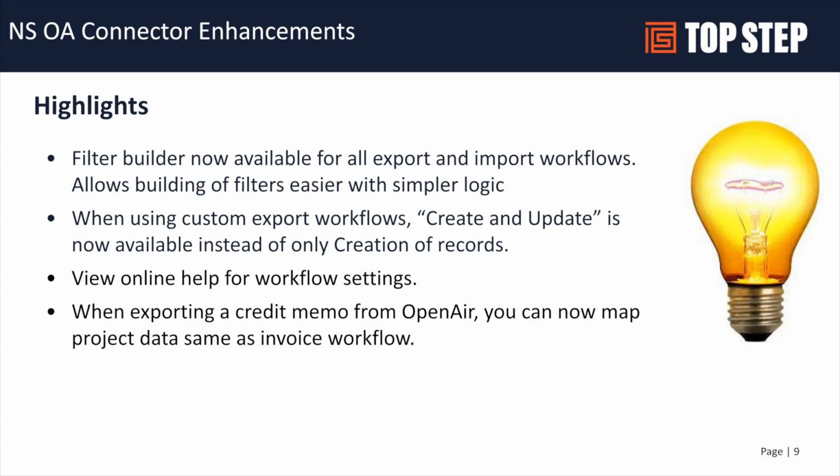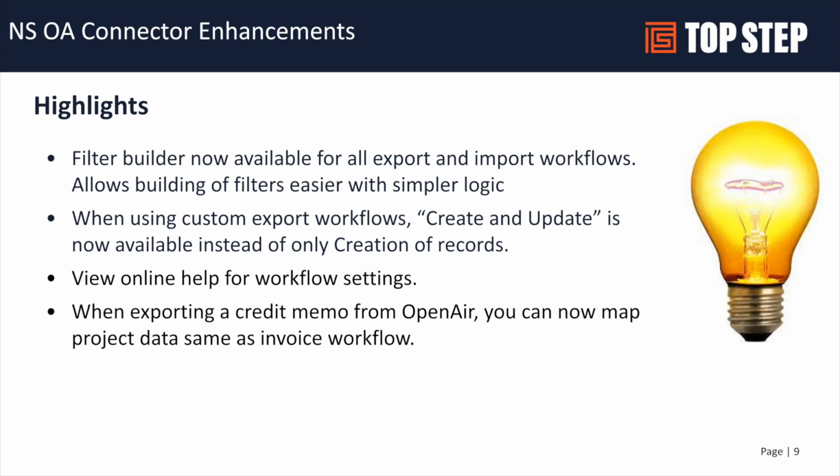Another one, this one to me is probably the best of all these. For those of you that are generating credit memos using the credit rebill function in OpenAir, as you may know, when you're exporting regular invoices from OpenAir to NetSuite, you can map project-related data inside the invoice to bring over to the invoice header in NetSuite. As long as you're doing one project per invoice, you have the ability to map that.